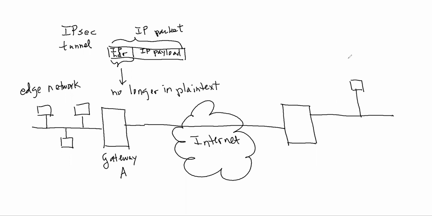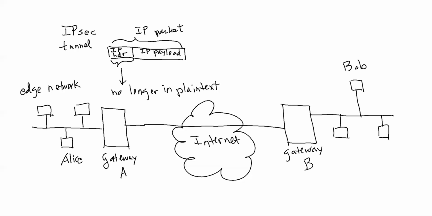So this is Bob. Let's say this is Alice. So this is another edge network, which is the destination. And this is gateway B.